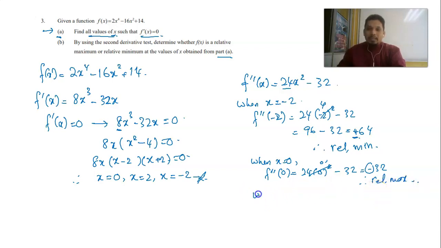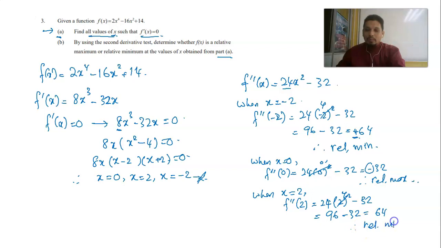And then when x equal to 2, f double prime 2 equal to 24 times 2 squared minus 32. 2 squared equal to 4, 4 times 24 is 96, minus 32 equal to 64. Another positive value just like this, so we come out with a relative minimum. Okay, so that is the first one then.